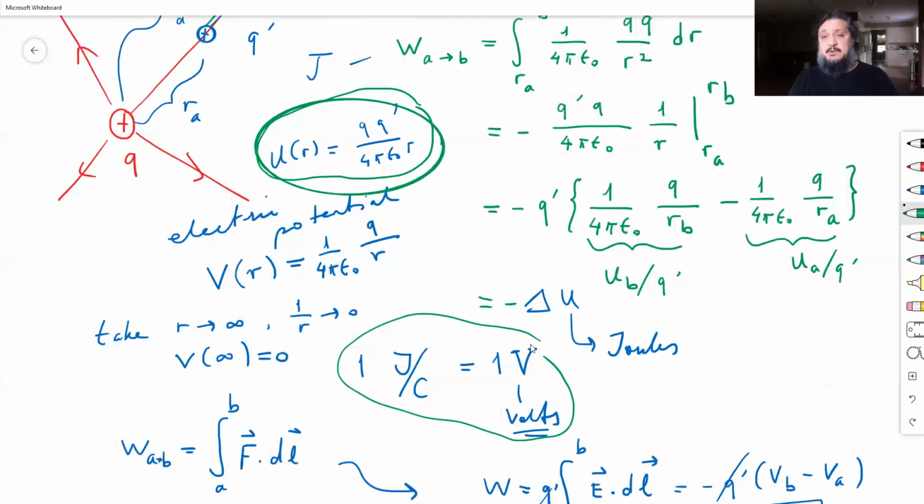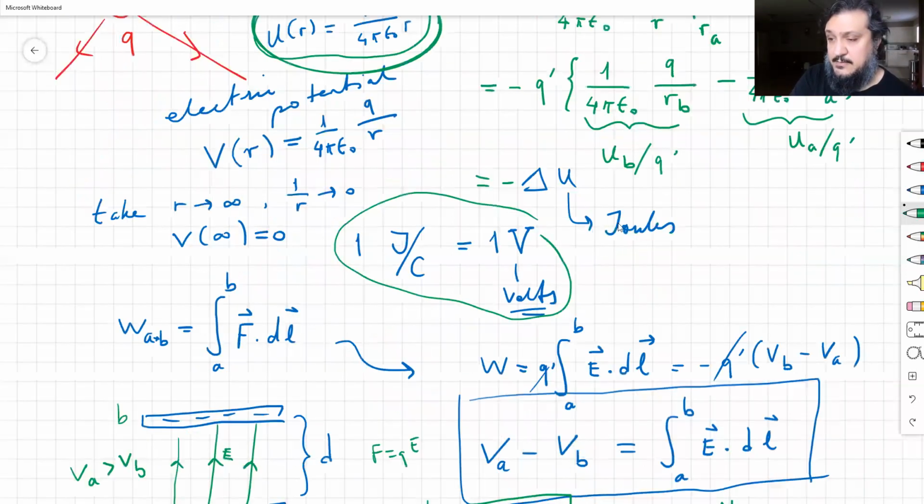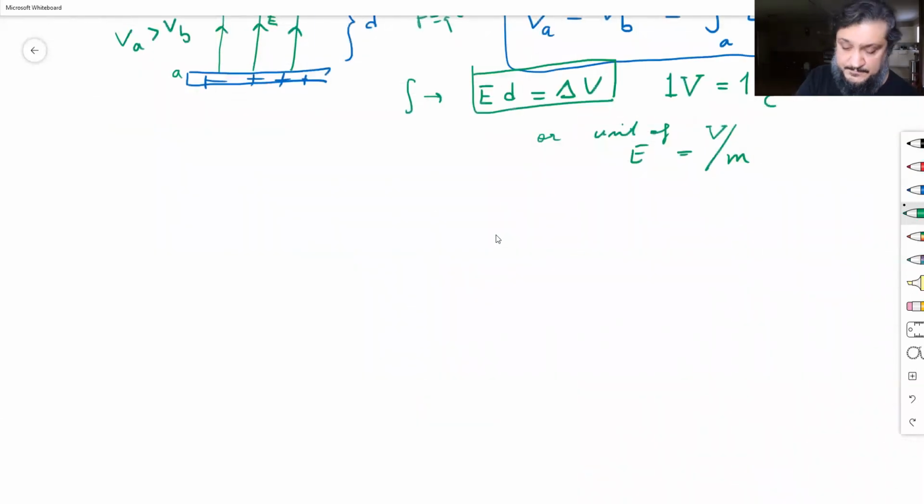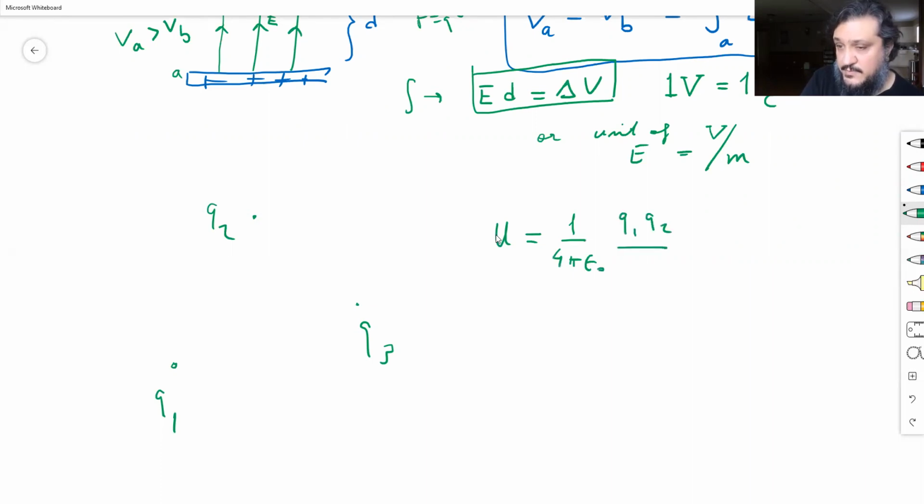So now you ask, what if I have more than 2 charges? What if I have 3 charges? Q1, Q2, and Q3. Suppose you have these two, Q1 and Q2. So you already had this potential energy of 1 over 4 pi epsilon 0 Q1 Q2 over some R. Let this be R. That would be the energy.